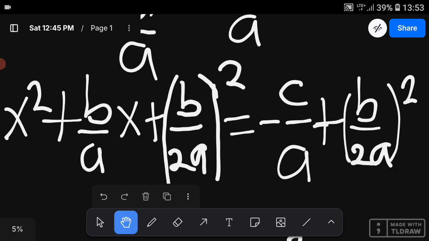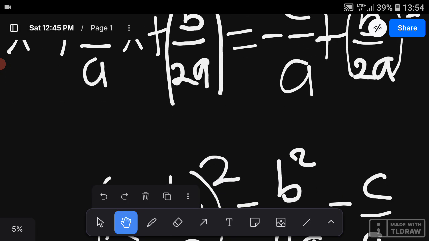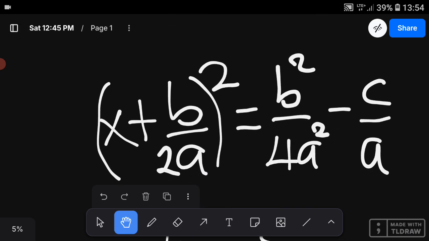Now, when we look at this, we observe that x squared plus b on a x plus b on 2a all squared becomes a perfect square. When it becomes a perfect square, it means that it can be written as x plus b on 2a all squared.